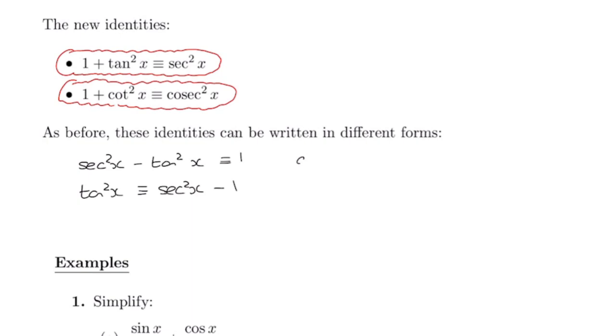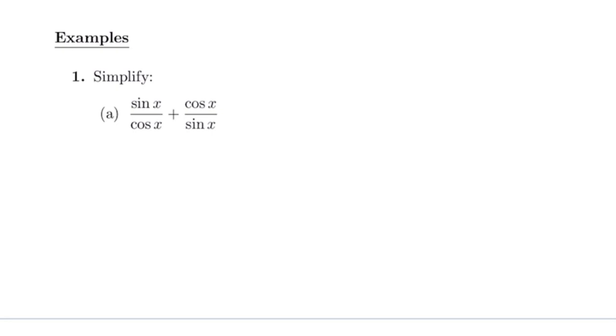You could have cosec squared x minus 1 is identical to cot squared x, or you could have cot squared x is identical to cosec squared x minus 1. So once you've learned those identities, you can rearrange those. So we're going to look at how we can use those, first of all, when we're simplifying.